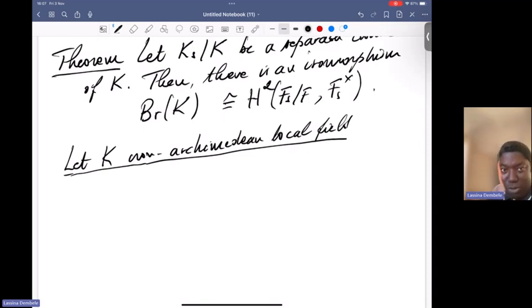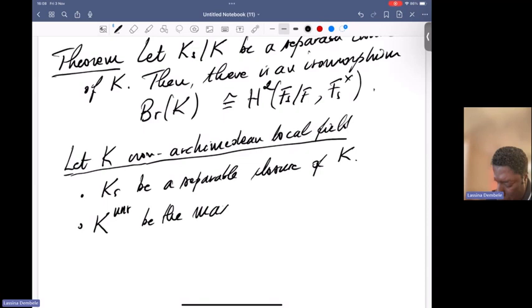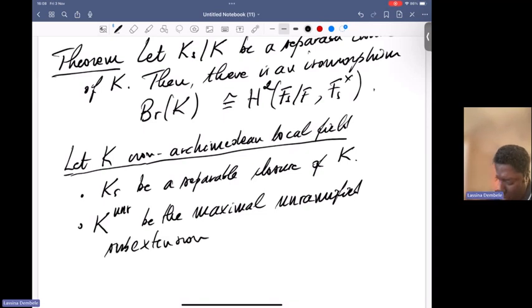The way you do this is as follows. Let K be a local field, and again let Ks be a separable closure of K. By K unramified, I mean the maximal unramified sub-extension of K contained in Ks.